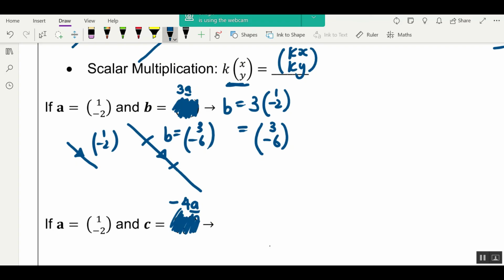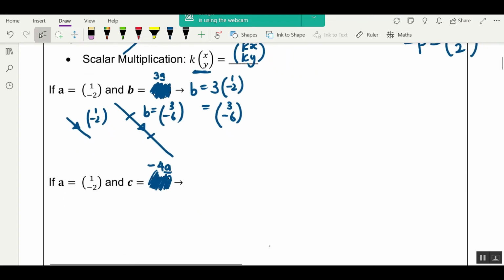Now, what happens if the scalar multiple is negative? For this case, C is equal to negative 4 of A. I put negative 4 and the vector A here. This would mean that this is equal to -4 and 8. Same thing: A is pointing in this direction with this length.